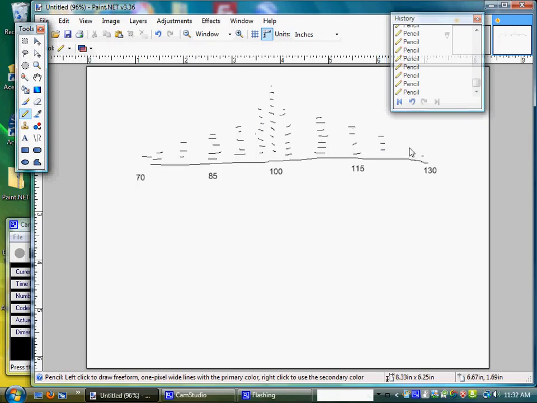Now, if we look at what I've drawn here, and we can draw a single line across the top of all of these, we have here what is basically what we call a normal curve. And all a normal curve means is that it's this general shape where most people score in the middle, and as you get further and further away from the middle, fewer and fewer people scored.